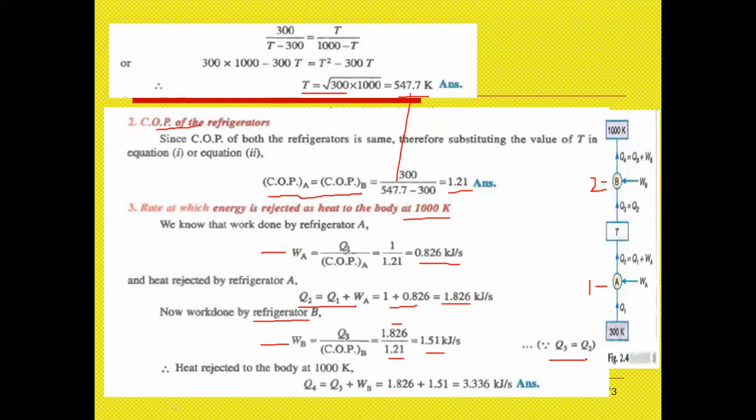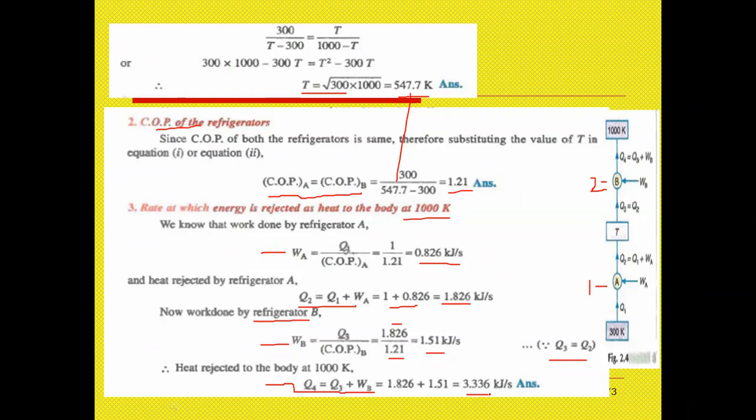Here the heat is rejected to the body at 1000 Kelvin, therefore Q4 is equal to Q3 plus WB, that is 1.826 plus 1.51, equal to 3.336 kilojoules per second. So this is the rate at which energy is released, that is Q4.